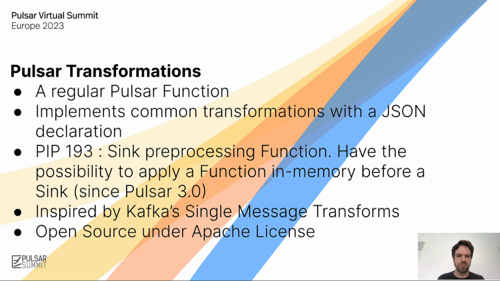At least that's my opinion. Last but not least, Pulsar Transformations is an open source project, so we want everybody to be able to contribute and use it, and we've published it under the Apache license.